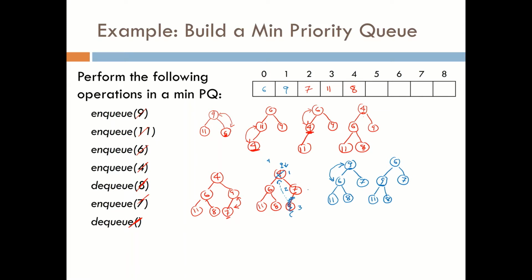And so the value here, we're going to ask the question, are one of its children less than or equal to 9? And the 8 is, the 11 is not, so we're going to swap the 8 and the 9.